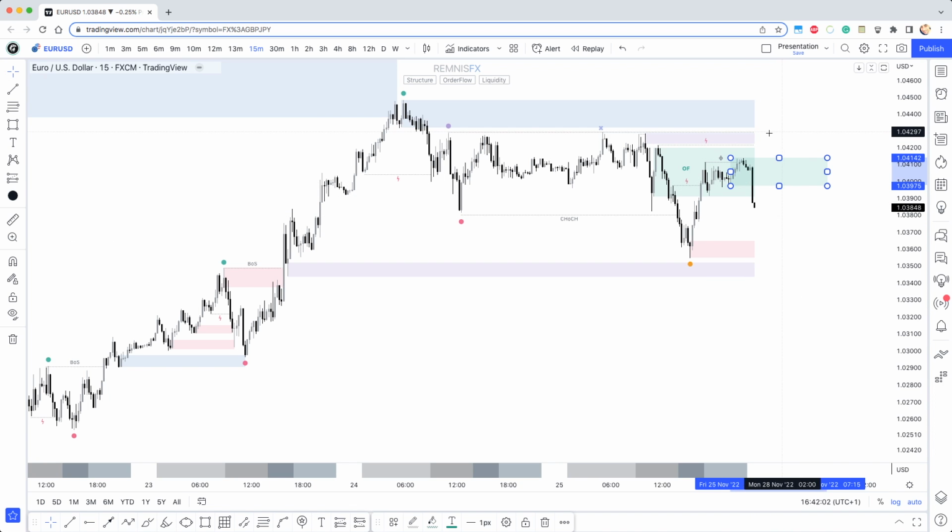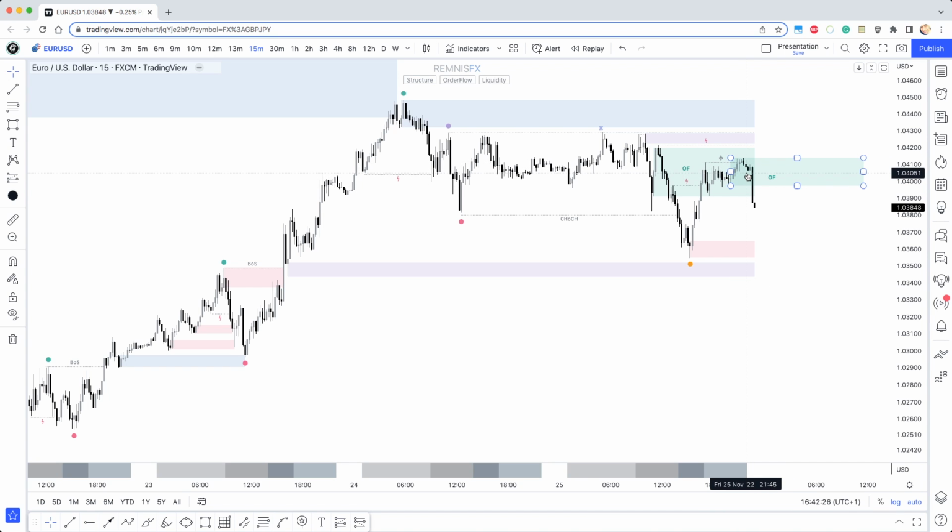And this would be perhaps also your order flow area here. Let me mark this one as an order flow also. Okay, and now we have our inducement, we have our liquidity sweep within the order flow. Okay, and we have our minor order flow area here.